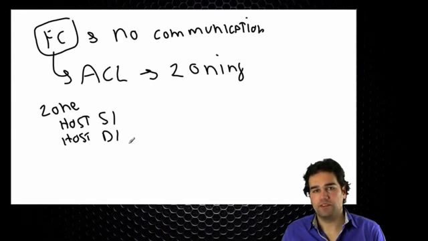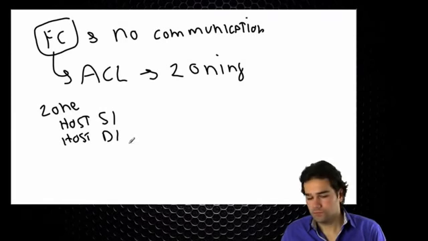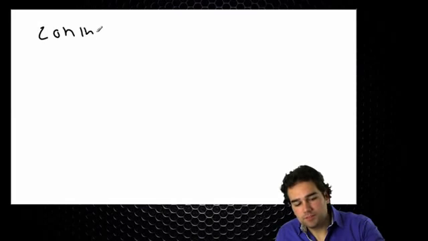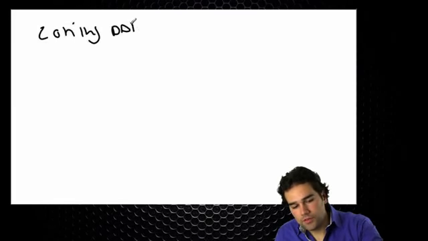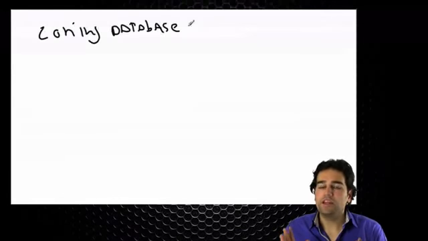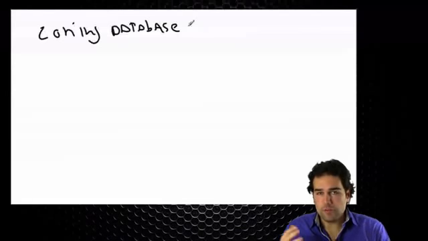That's what I need to specify there. There is such a thing as a zoning database, and there is always going to be one zoning database in the network. There's one database in the network, so everybody can change it.